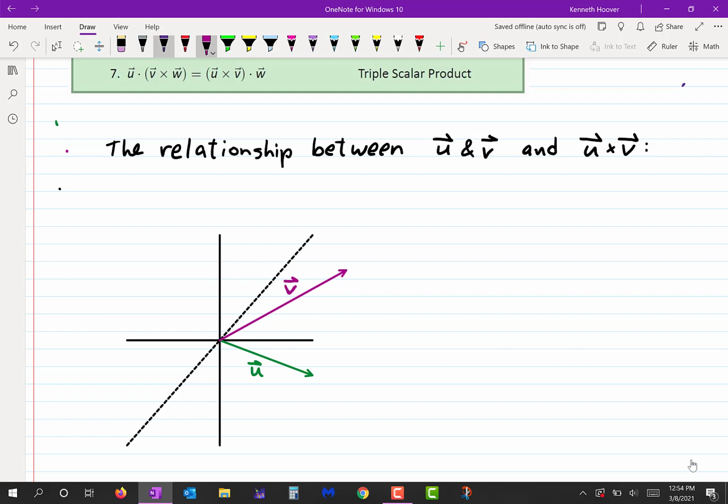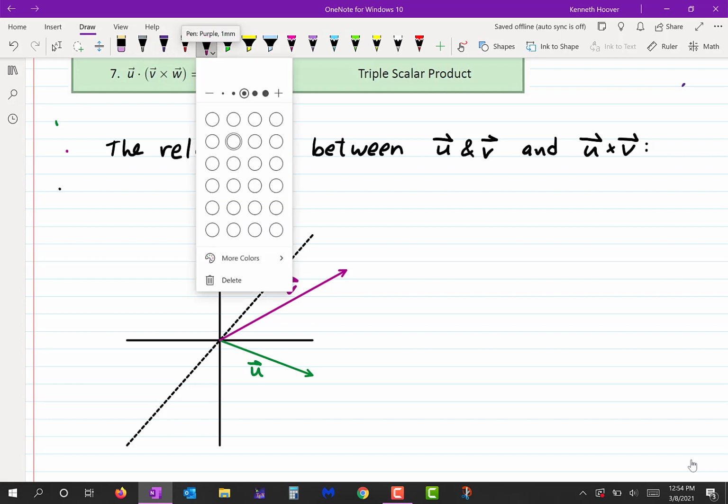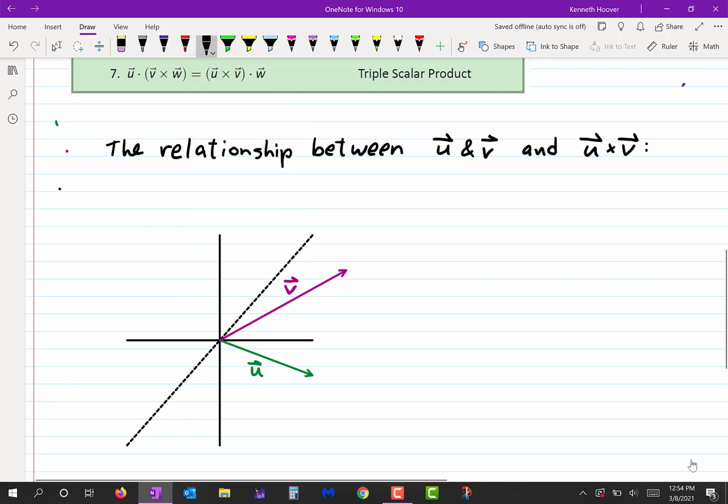Okay, now, what's the relationship between those two vectors and the vector u cross v? Okay, I can say 3 or 4 very important things here.